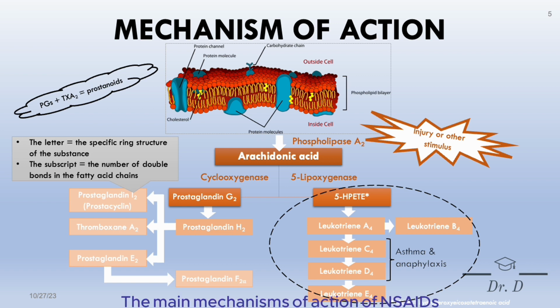The main mechanism of action of NSAIDs is the inhibition of the enzyme cyclooxygenase. It decreases the activity of the cyclooxygenase enzymes, and the net effect is a decrease in the production of prostaglandins.